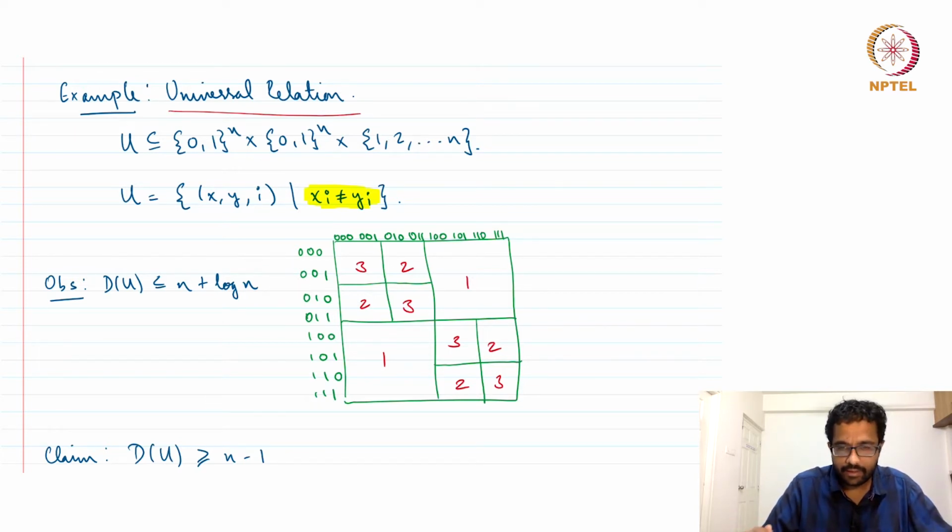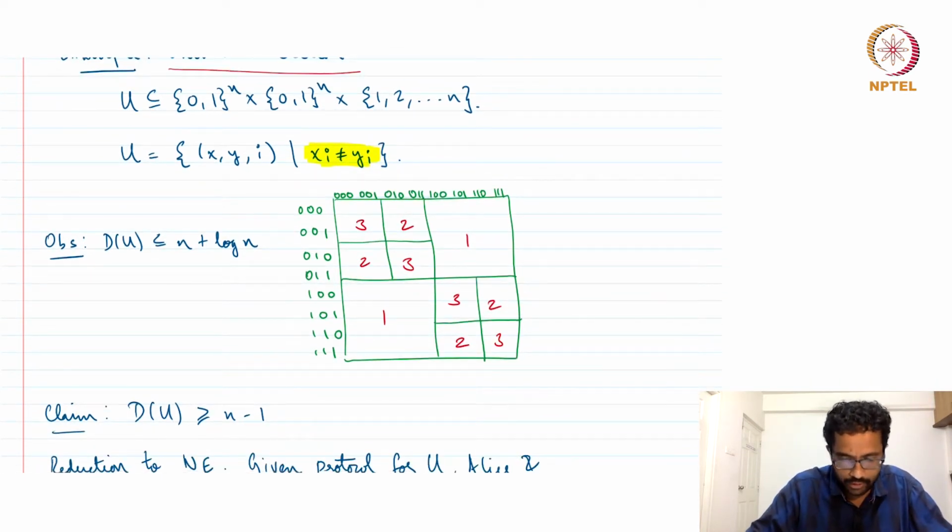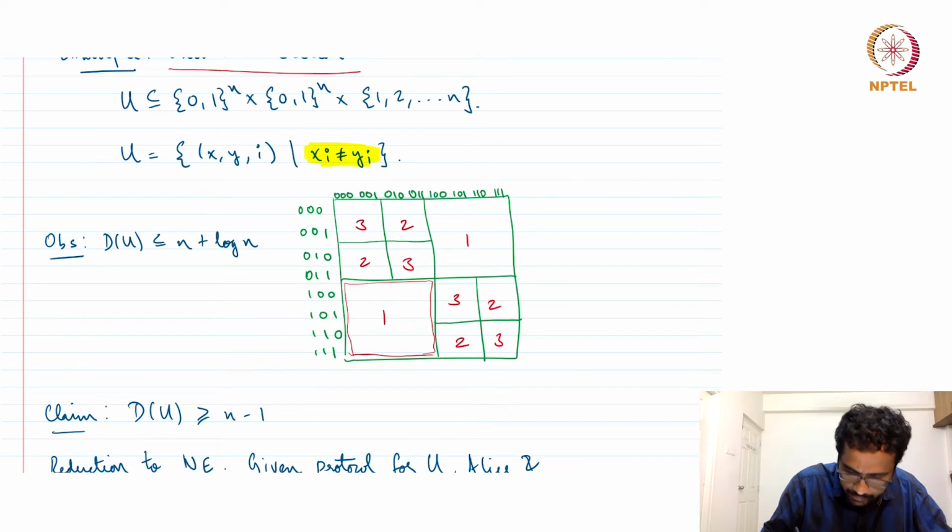Just like we had a matrix for functions, we can have a matrix for relations. Here we have an 8 by 8 matrix, where the rows and columns are indexed with 3-bit numbers and the entries are the possible responses for the universal relation. If you look at the bottom left corner, the square I'm highlighting is for all the 4 by 4, 16 values here. Alice's first bit is equal to 1 and Bob's first bit is equal to 0.